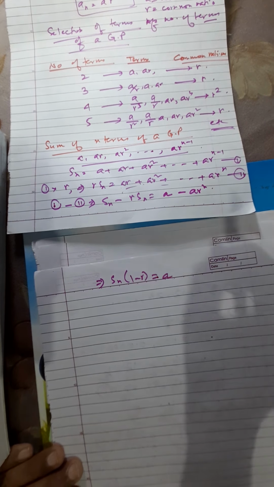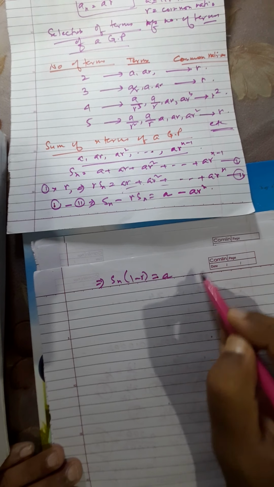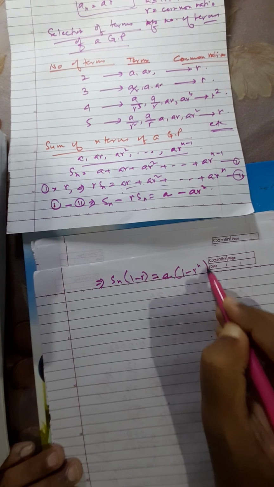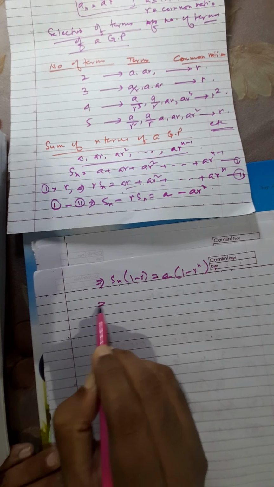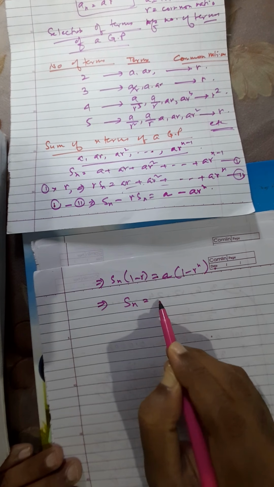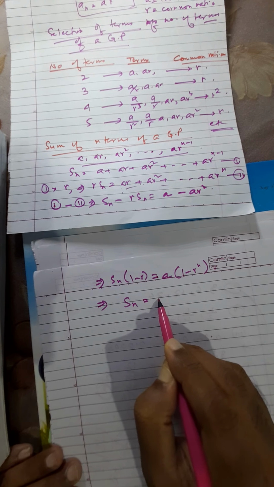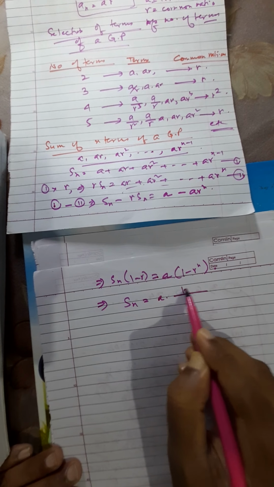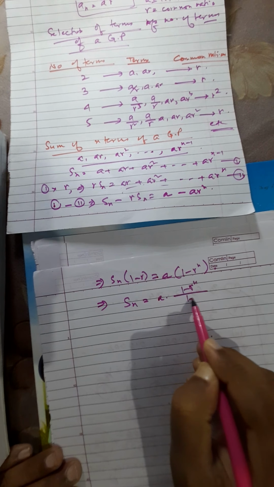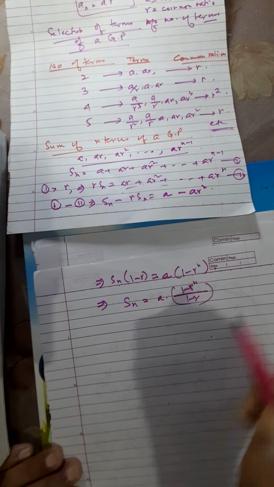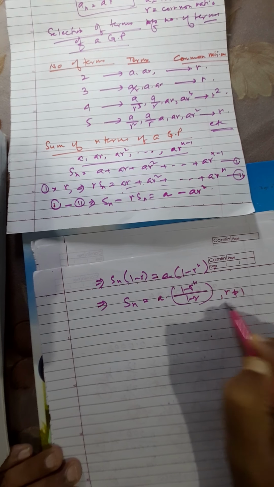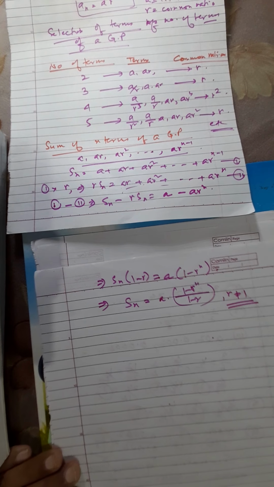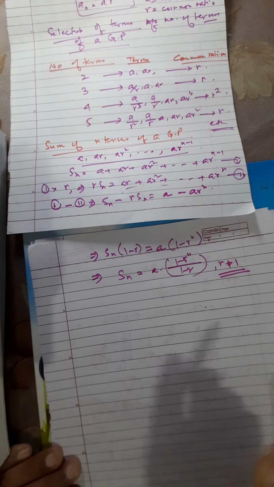On the right hand side also a is common, so a into 1 minus r to the power n. So Sn is equal to a into 1 minus r to the power n by 1 minus r, if r is not equal to 1.